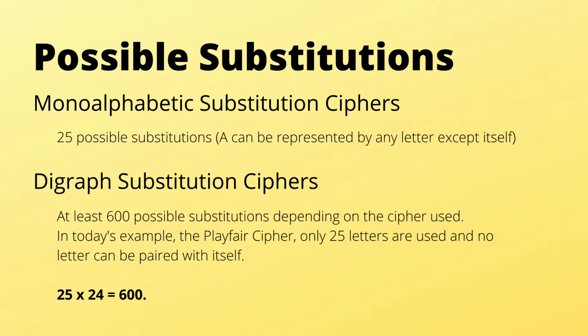So the idea behind this is that you're going to be able to increase the number of substitutions possible. Instead of having 25 possible substitutions, you have at least 600. And a letter can be represented by many letters or symbols in different places in the same document. This should make frequency analysis harder to do.